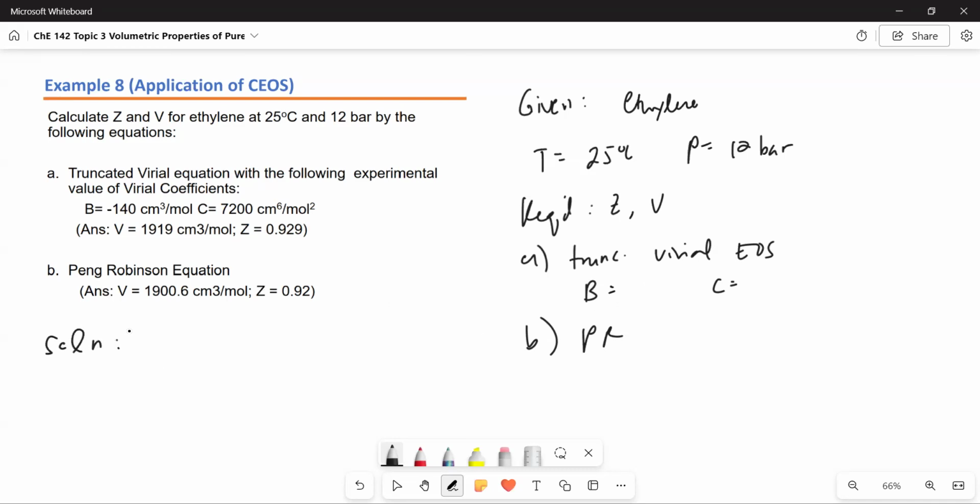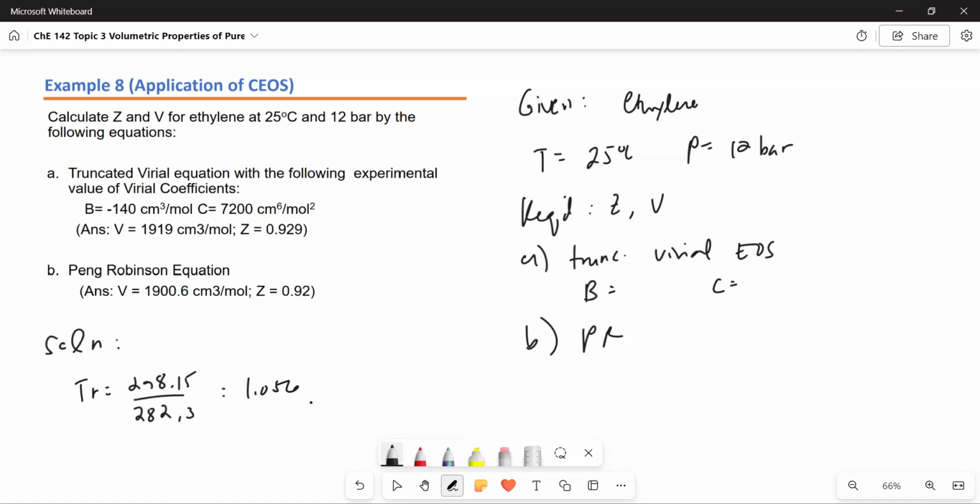So for the solution, let's first calculate the reduced temperature and reduced pressure. 25 degrees Celsius is 298.15 Kelvin, and the critical temperature based on the appendix for ethylene is 282.3. So the reduced temperature is 1.056.